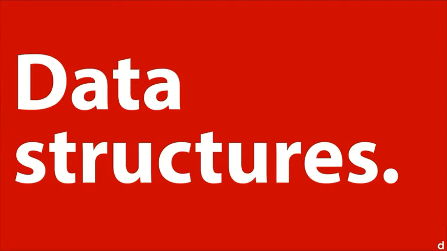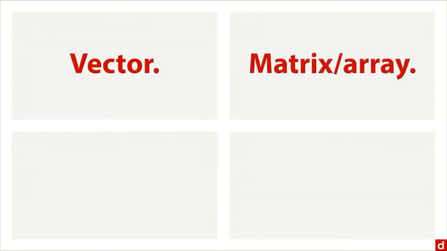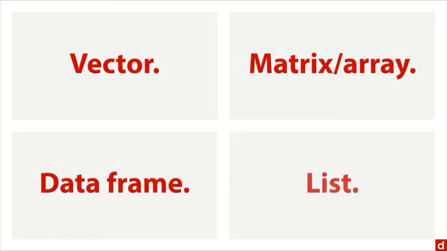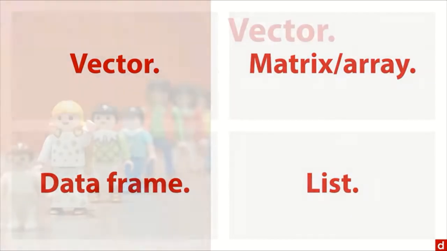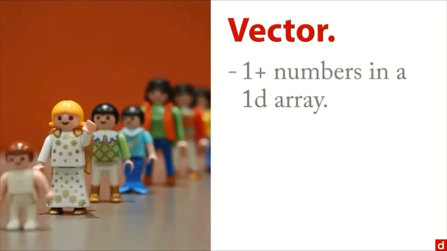The most common structures are vector, matrix or array, data frame, and list. We'll take a look at each of these. A vector is one or more numbers in a one-dimensional array. Imagine them all in a straight line. Now, what's interesting here is that in other situations, if it's a single number, it would be called a scalar.